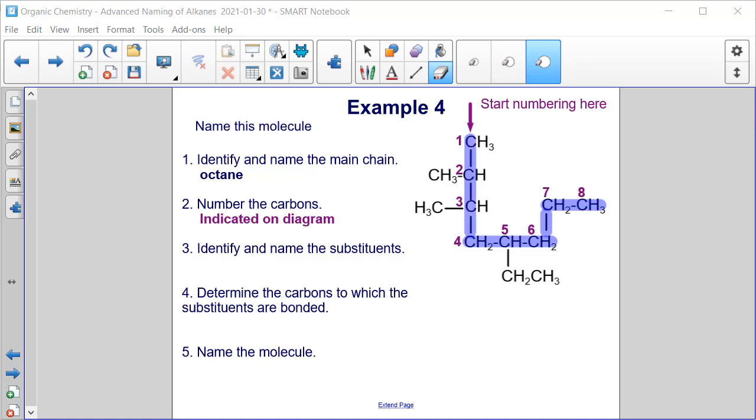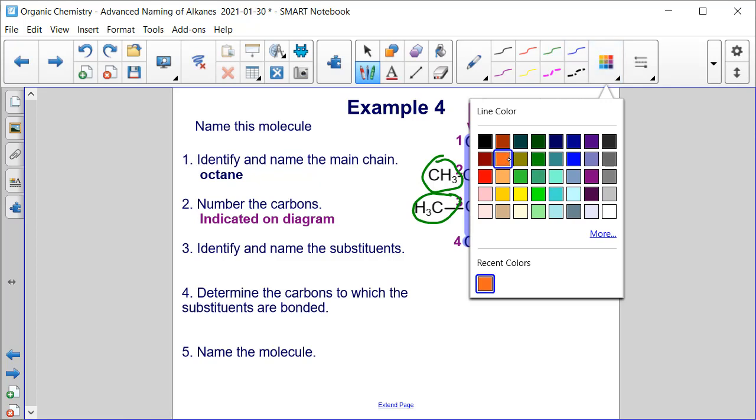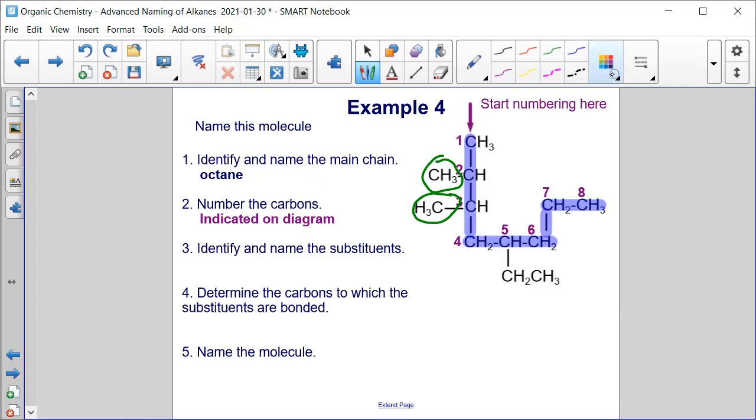All right, so indicated in purple on the diagram is that same numbering I showed you a couple slides back, starting at the top of the molecule with 1 and going around to 8. Now we need to identify our substituents. So there are 3. There's one here, one here, and one here.